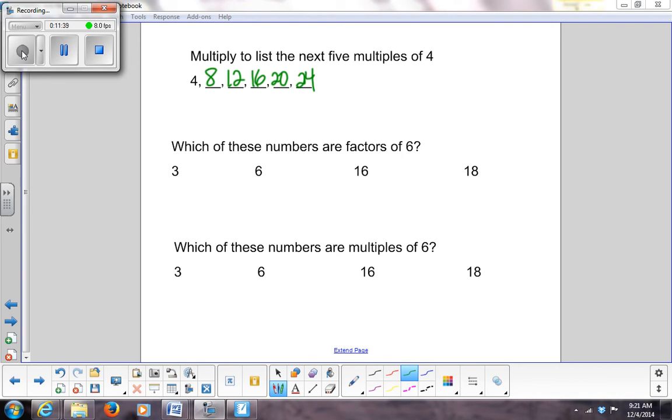You're doing multiples. Remember what I said. Think of factors, not multiples. What is a factor? You guys are all answering multiples.